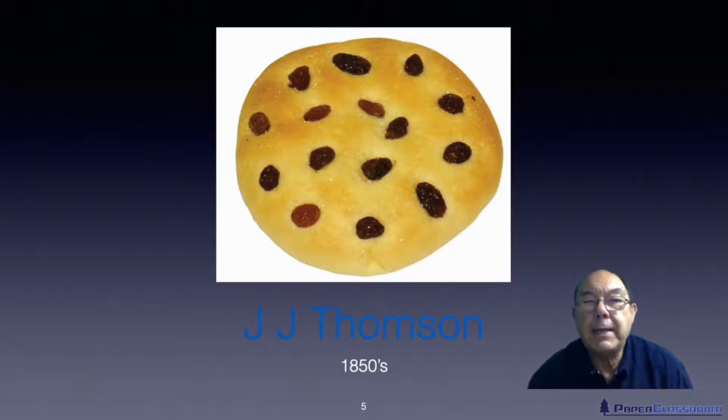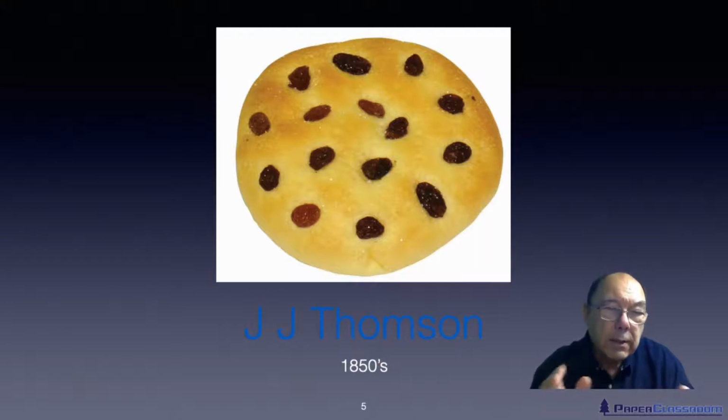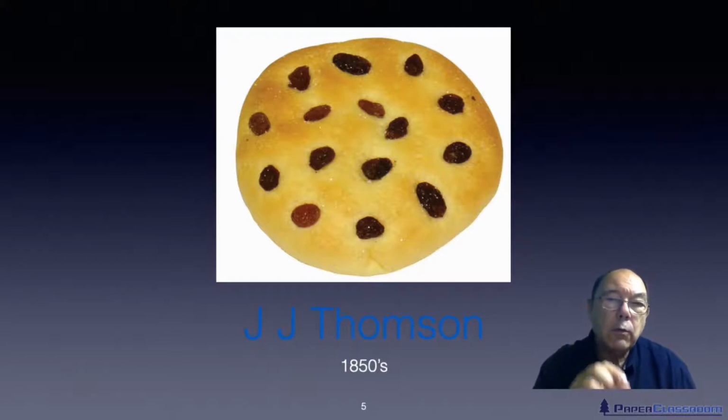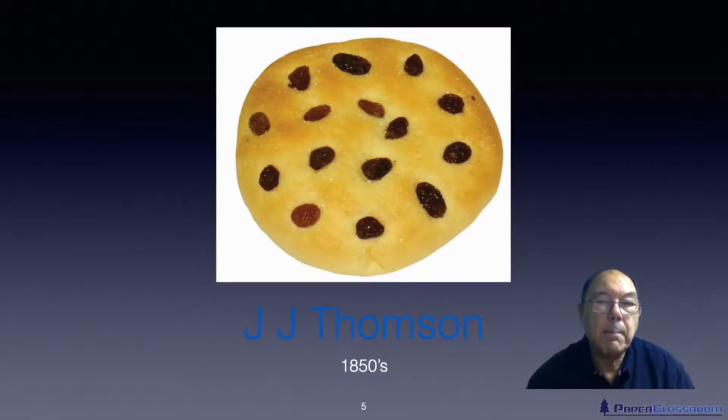So Thomson's idea was that an atom was this spongy mass of positivity, and dotted in it were little negative electrons, and there were just enough electrons to cancel out the positivity of the sponge, leaving a neutral atom.